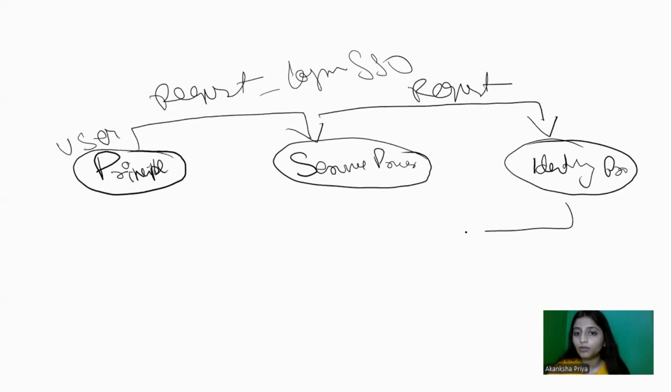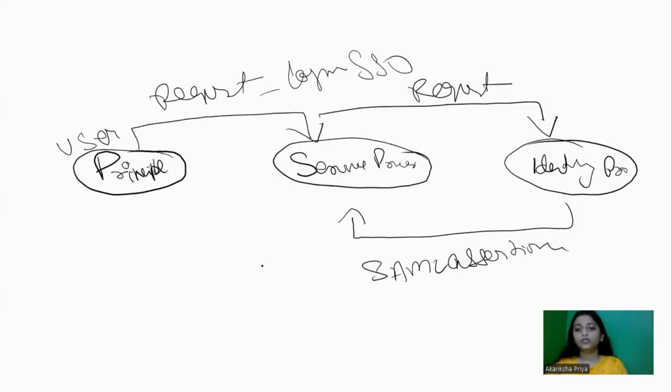Now what will the identity provider do? The identity provider will share a SAML assertion with the service provider. That we'll discuss in a while. So it will share the SAML assertion. Now the service provider will get logged in.